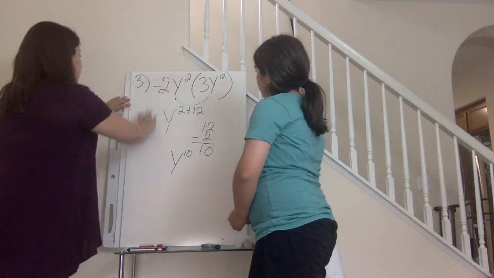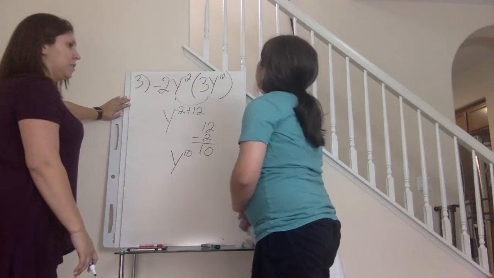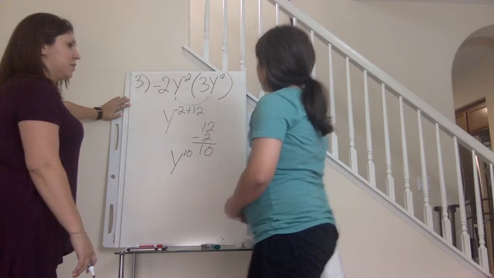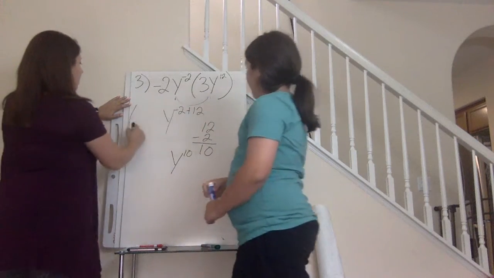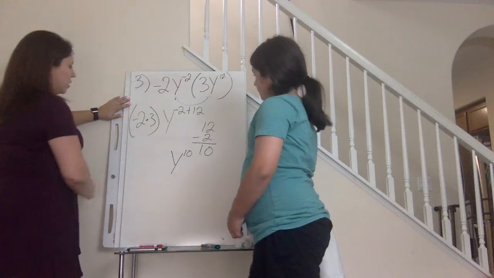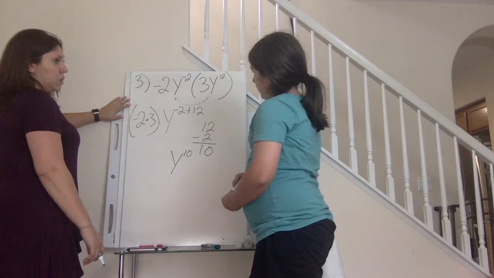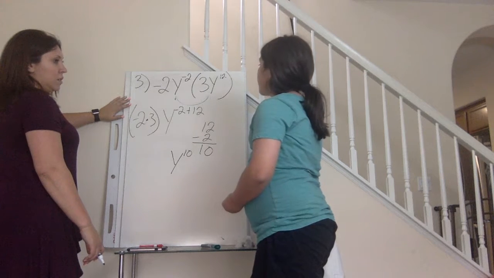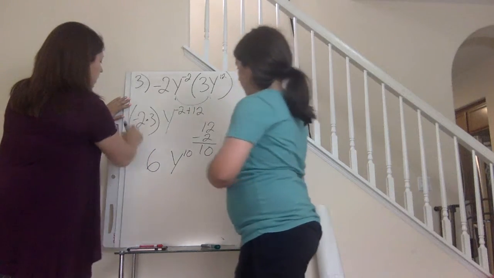I'm missing something on this side. What am I missing? These 2. Yeah. So I need negative 2 on this side times a 3. And I get what? 2 times 3 equals 6.